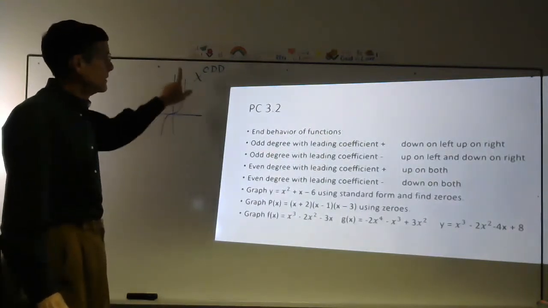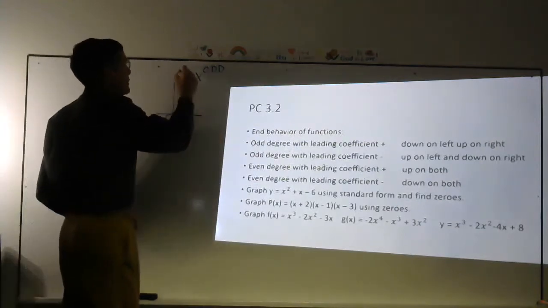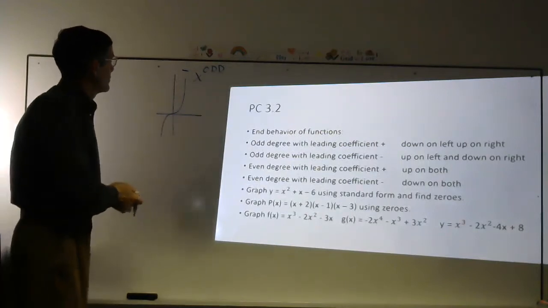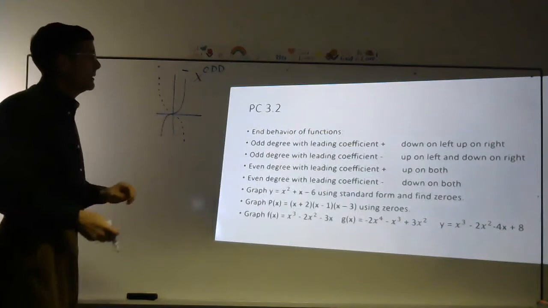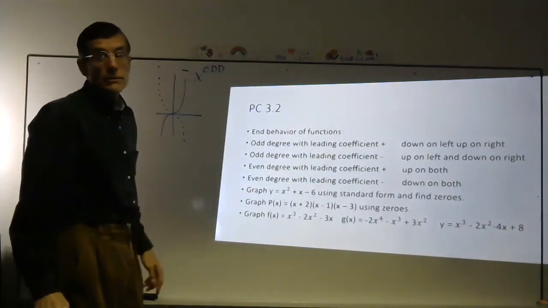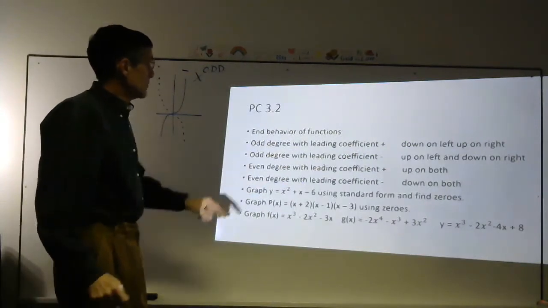Down on the left, up on the right. If the odd degree has a leading coefficient that's negative, it's going to flip that whole baby upside down, and it's going to be up on the left and down on the right. Up and down. Yeah?